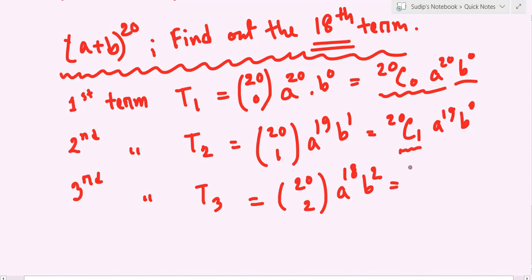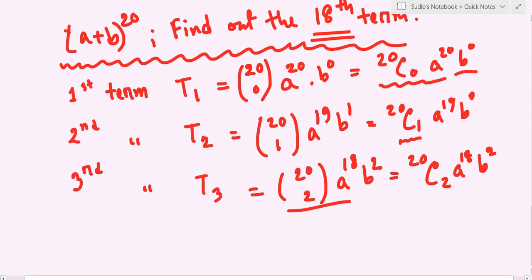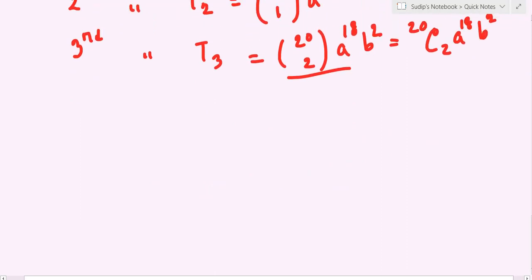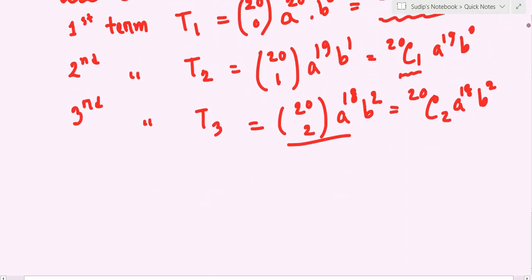So T3 equals 20C2, a to the power 18, b to the power 2. You can write either this or this; you don't need to write both. So you can see we have written three terms. Now we will write four terms and observe what happens here.